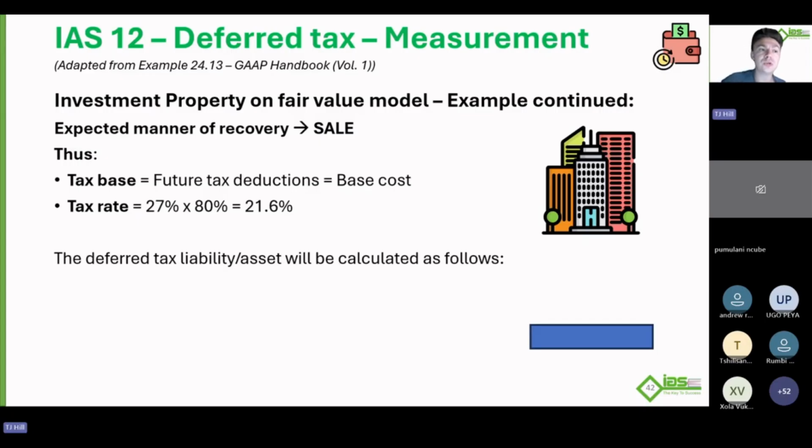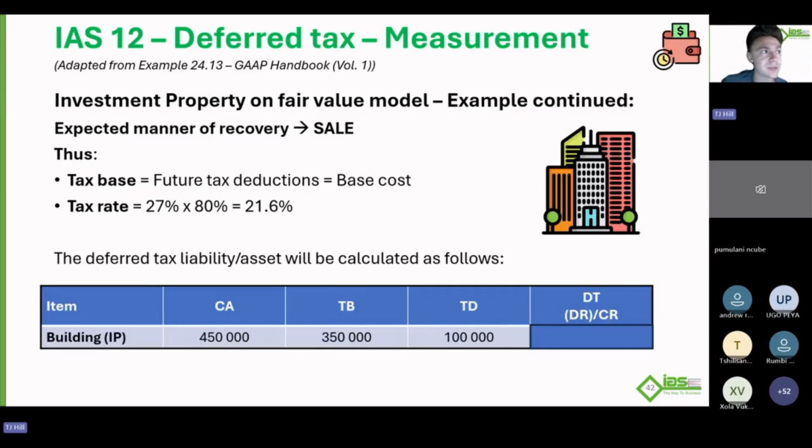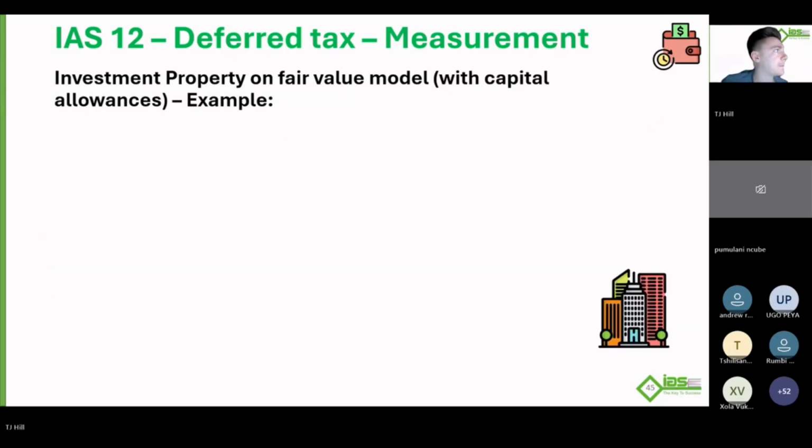When it was through use, I would have used my normal tax base, which would have been my future tax deductions, could have been my capital allowances. And then the rate would have been 27%.